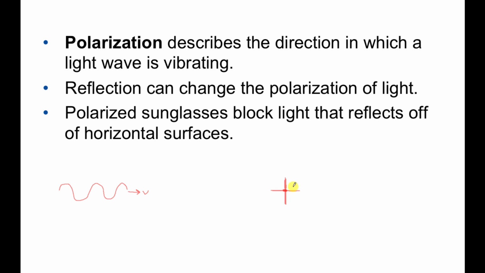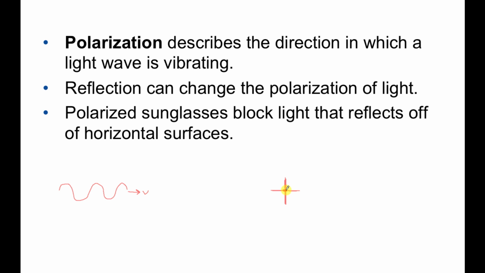If you wear sunglasses that have a vertical polarization, they will only let through light that is vibrating in a vertical sense. And that actually helps block certain reflections. You might have noticed this if you wear polarized sunglasses, a lot of reflected light off shiny surfaces on the road or glare off other cars gets blocked.